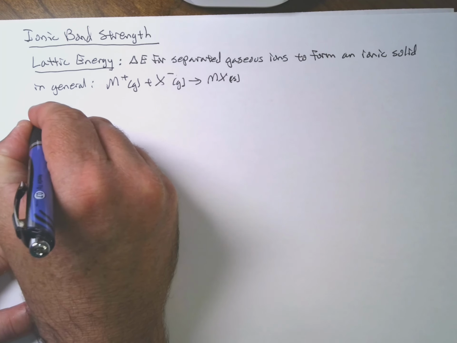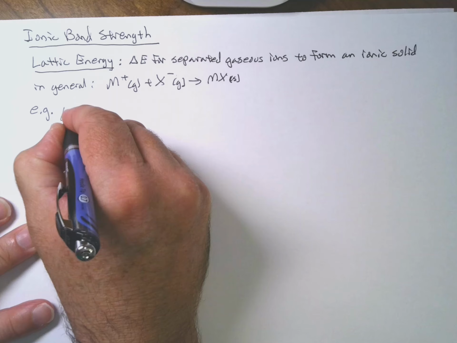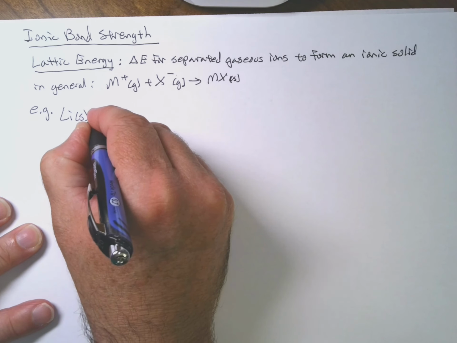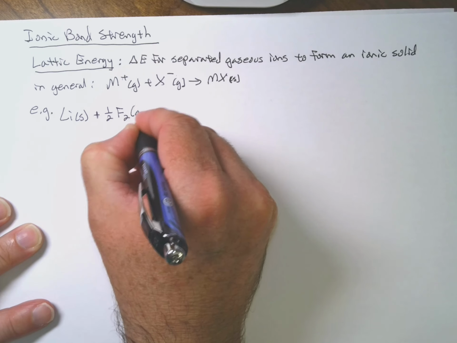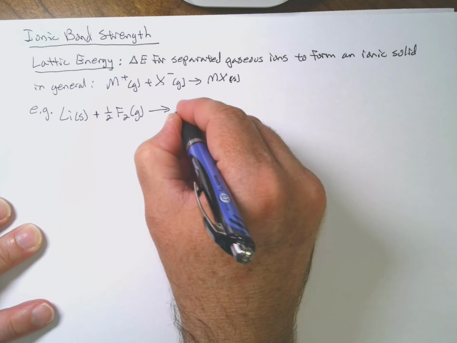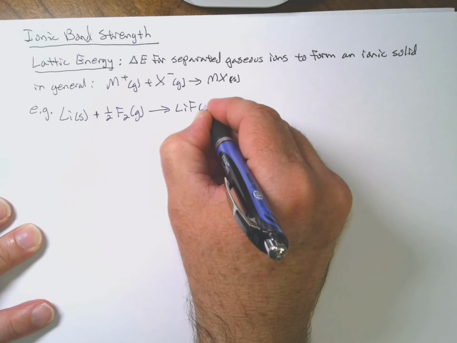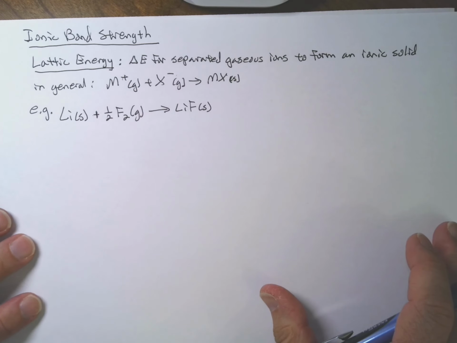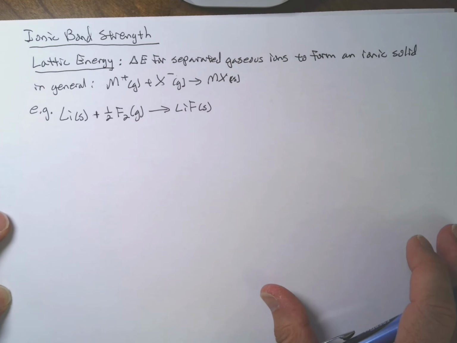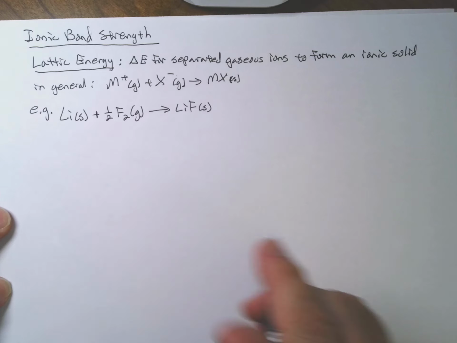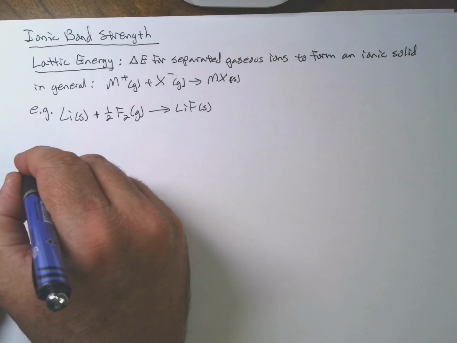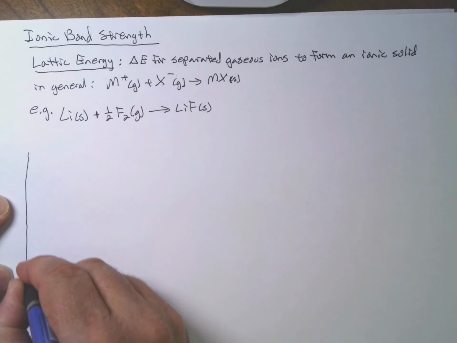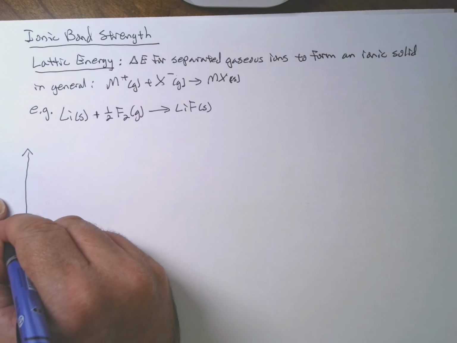So let's look at, as an example, solid lithium plus half a mole of gaseous fluorine, and those will react to give lithium fluoride solid. Now what we're going to do is use Hess's law. And so we'll start with, draw this here, energy.